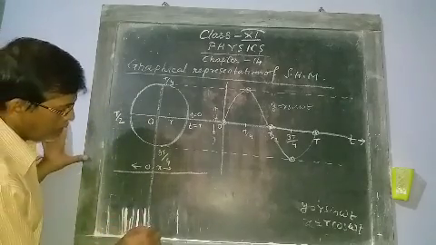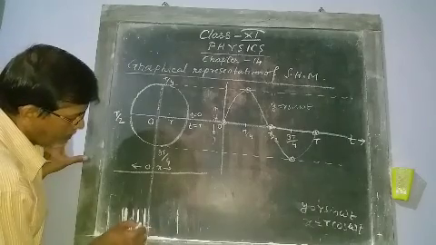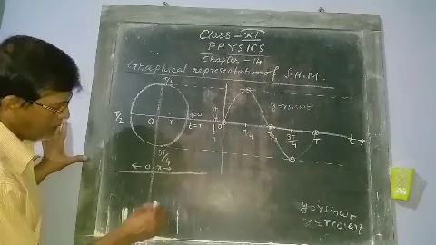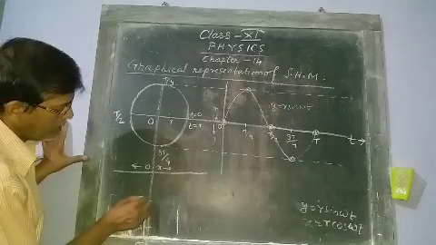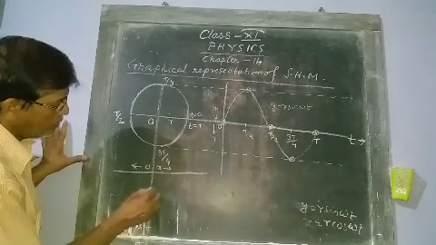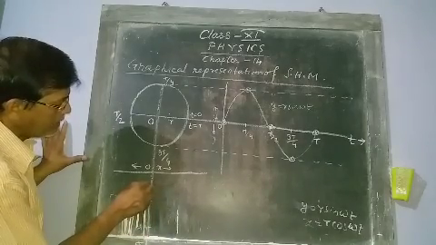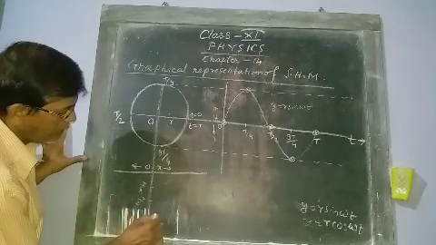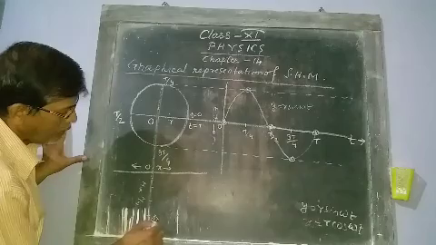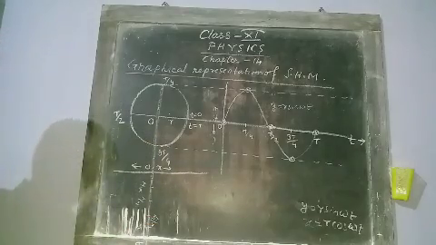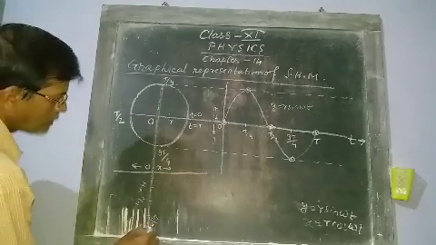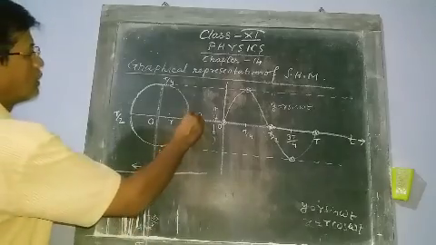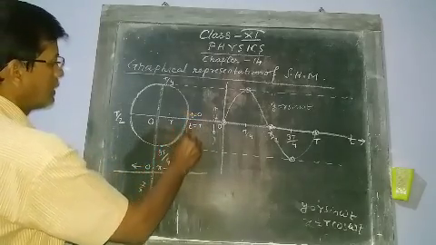Suppose this is capital T, this is T by 2, this is T by 4, this is 3T by 4, and this point is T. So you draw like this.